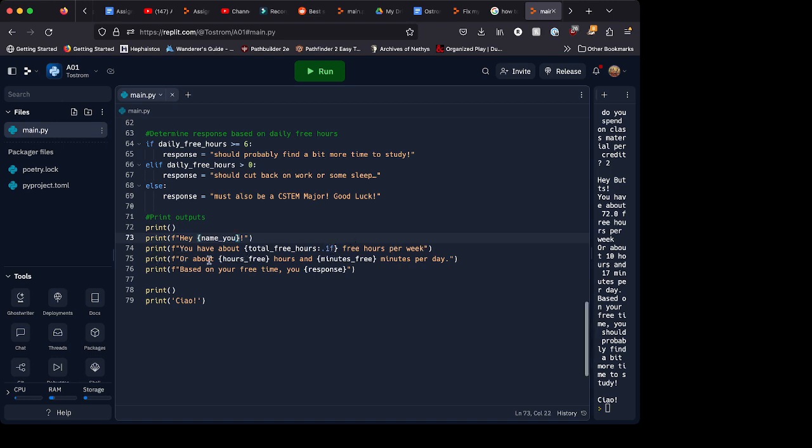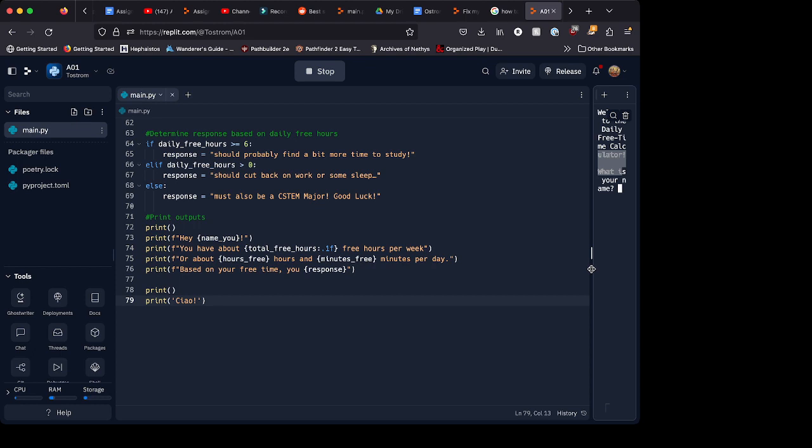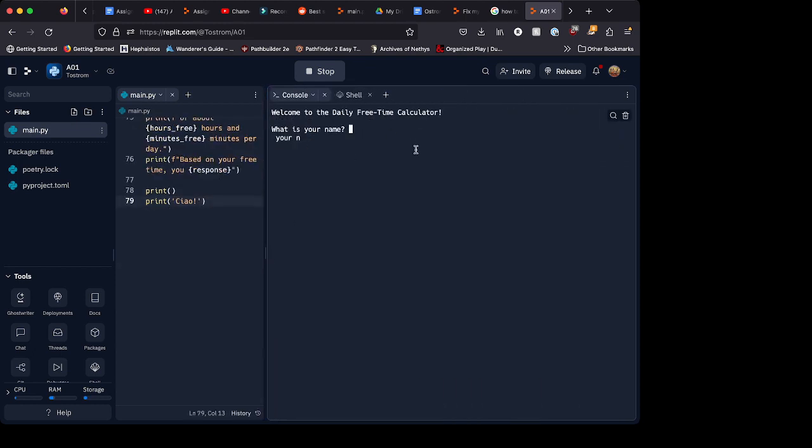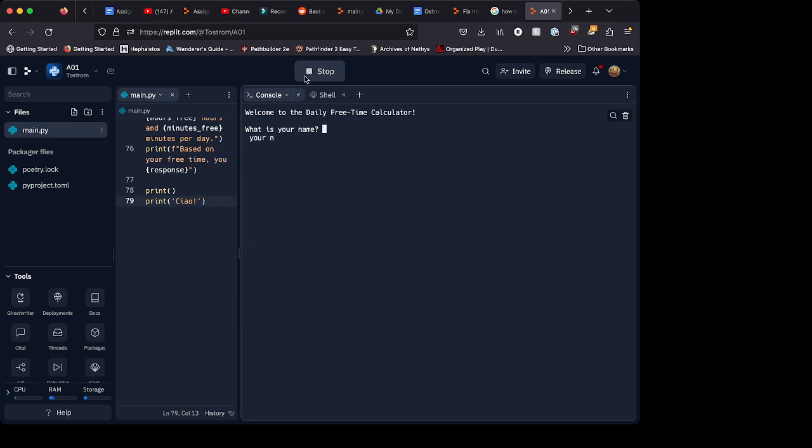For a secondary response, or for the second line, I guess that's technically the third line of response, I have hours free for hours and minutes free for minutes per day, based on your free time, and then that goes back to these responses, and then a final goodbye. I can run the code really quick to prove that it's working, as long as it doesn't break when I shrink it and expand it.